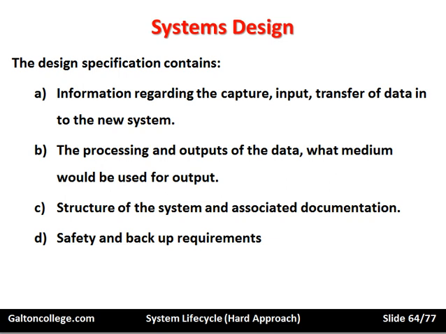And there should be safety and backup documentation, as I said in one of the earlier slides. It's important that the new system can be brought back online in the event of failure. It should be backed up, and it should be easy to bring it back online efficiently and fast.